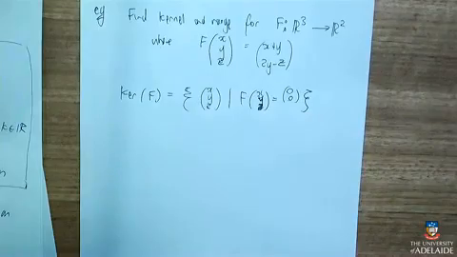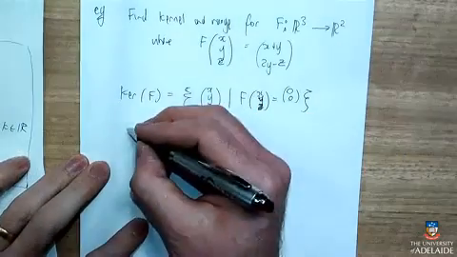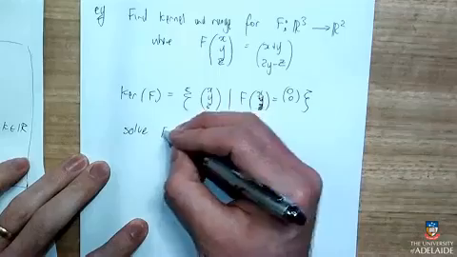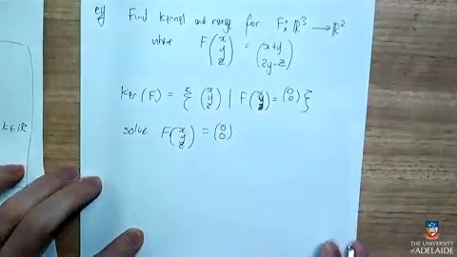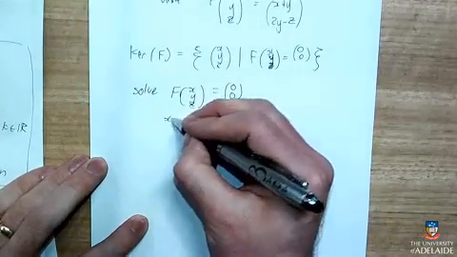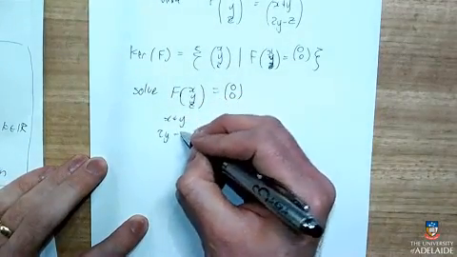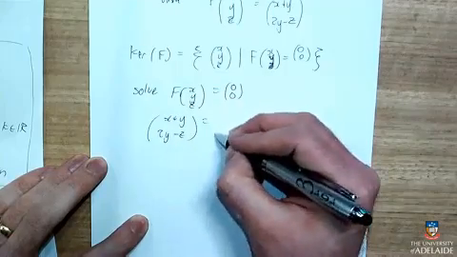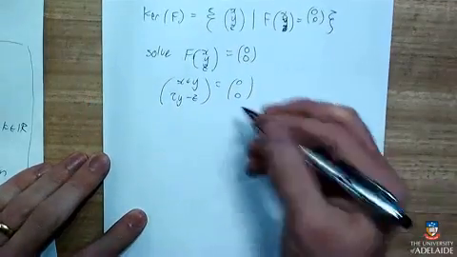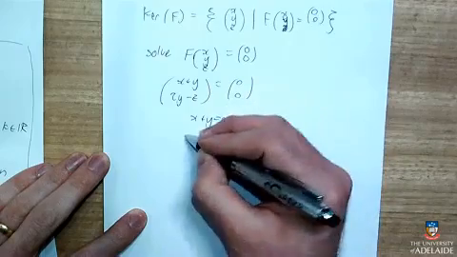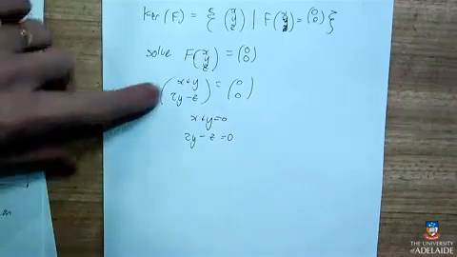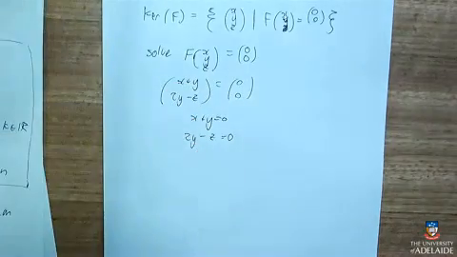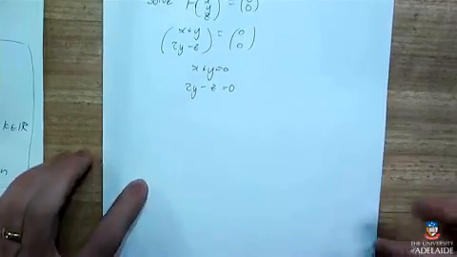And so what I need to do is solve this equation. But f of x, y, z is x plus y, 2y minus z, which is 0, 0, which means what I'm solving is these equations. So I've just said, well, this coordinate has to be 0, and this coordinate has to be 0. Ta-da! And now I have 2 linear equations to solve, and I will solve them.